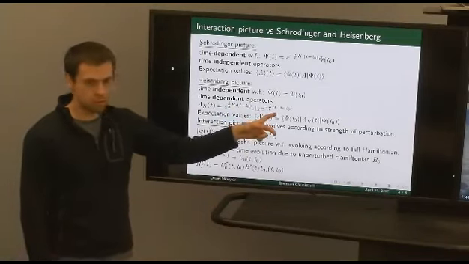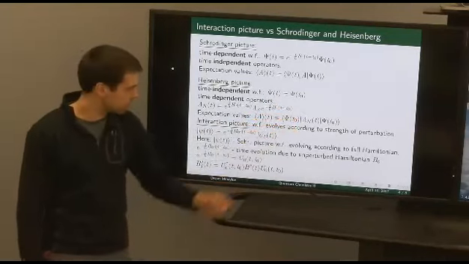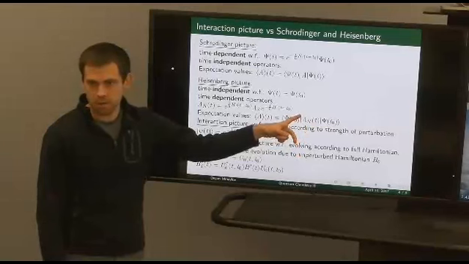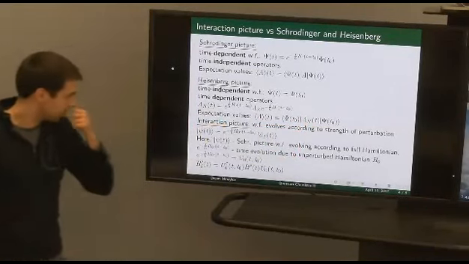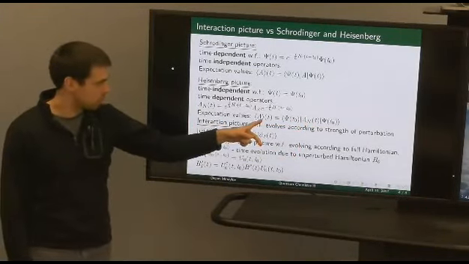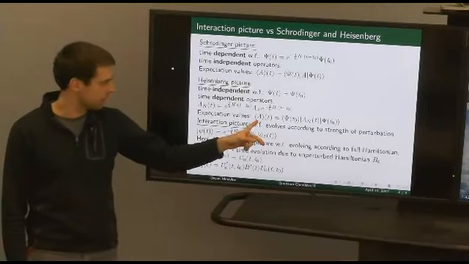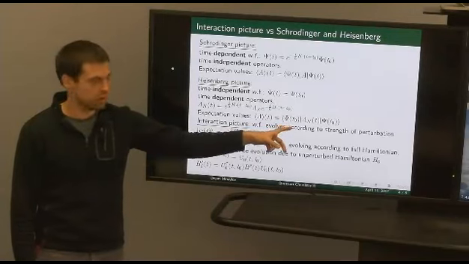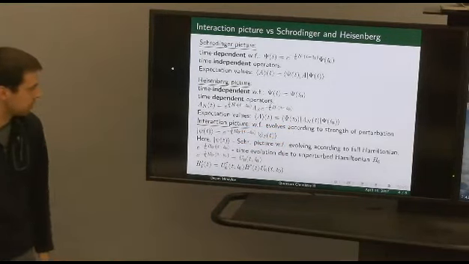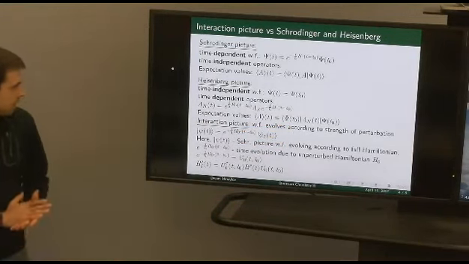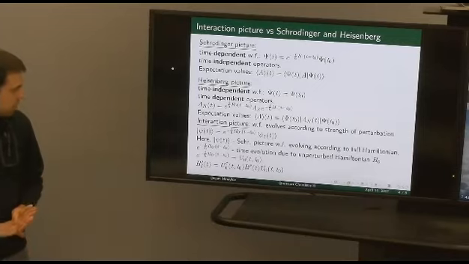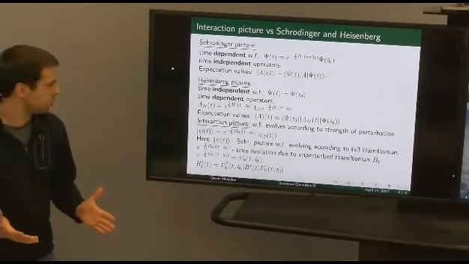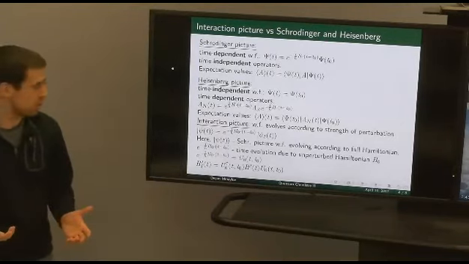So what you do is you solve the Heisenberg equation of motion, and you obtain the time dependence of your operators, and you solve for expectation value of your observables in terms of the stationary wave function and your time-dependent operator. So the interaction picture was kind of invented in order to deal with perturbations.